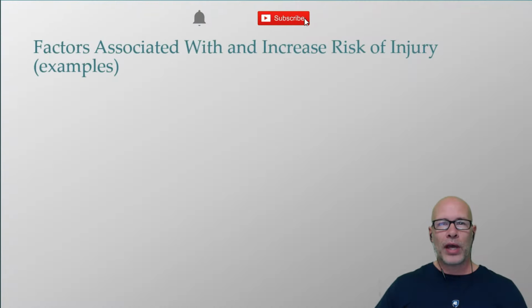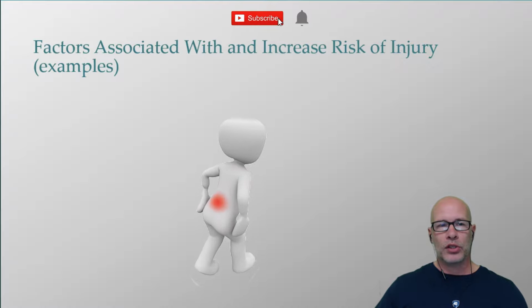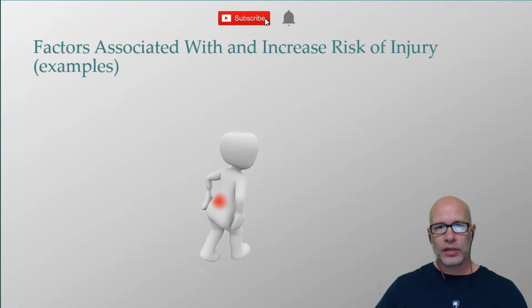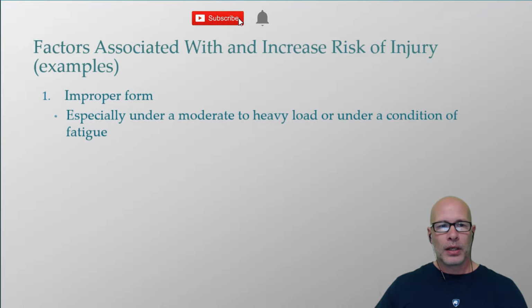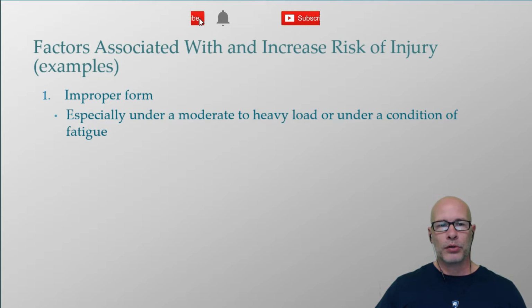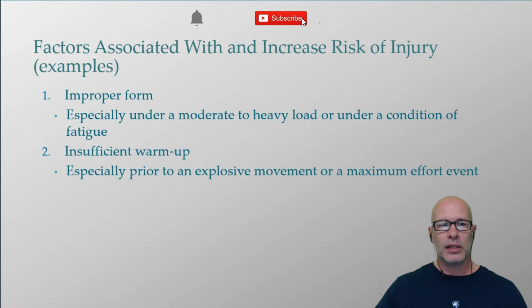So we'll start with factors or mechanisms associated with and increase the risk of injury. This is just a short list of examples. It is not a comprehensive list. The first one is improper form, which is associated with and increases the risk of injury, especially under moderate to heavy load or under conditions of fatigue.